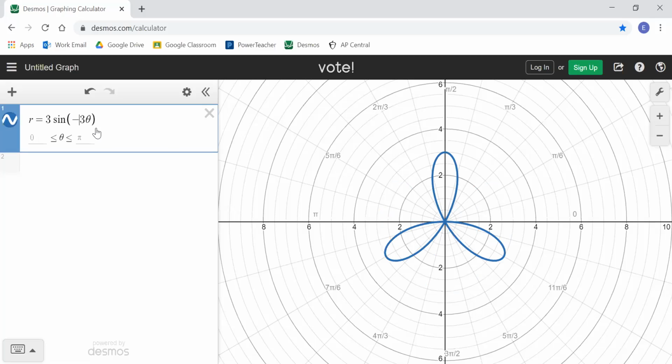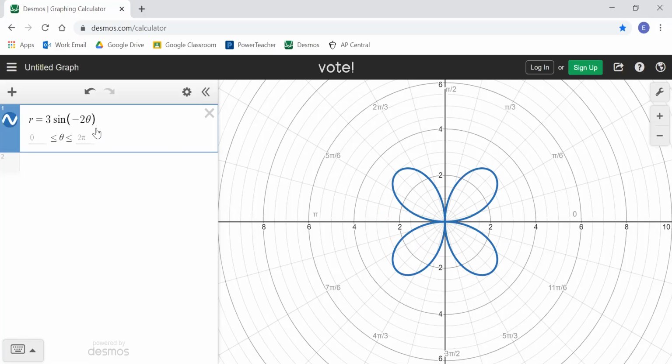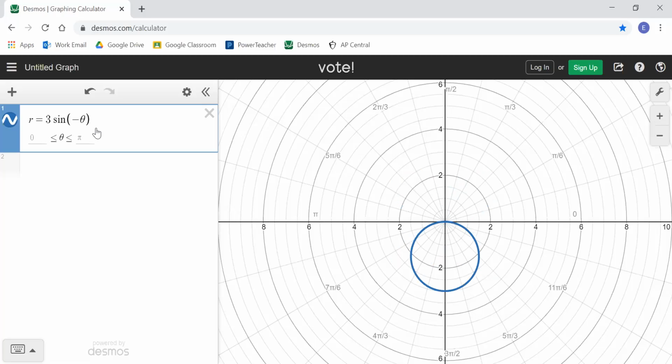Ones that are already perfectly symmetric, like this one, when I change it from -2 to 2, it's technically flipping. You just can't see that it's flipping across the polar axis. Whereas with the 3, you can obviously see that it's flipping across the polar axis. But yeah, that's all it does. It just flips it across that axis.